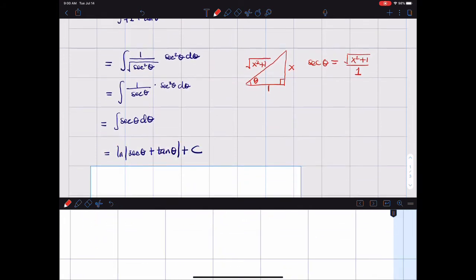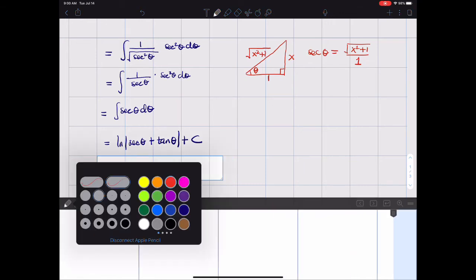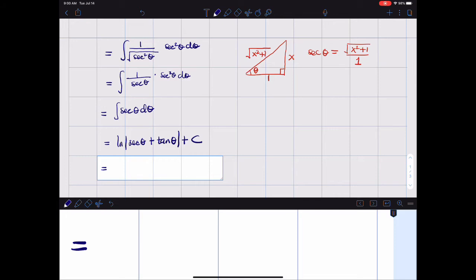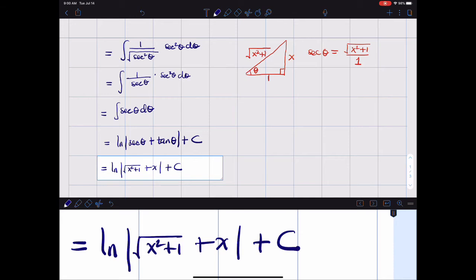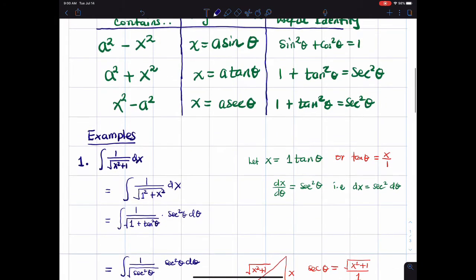So we just go in here. Our final answer becomes the natural log of secant of theta plus tangent of theta, which is the square root of x squared plus 1 plus x, plus c. So that's our integral, and that's how you use trig substitution.